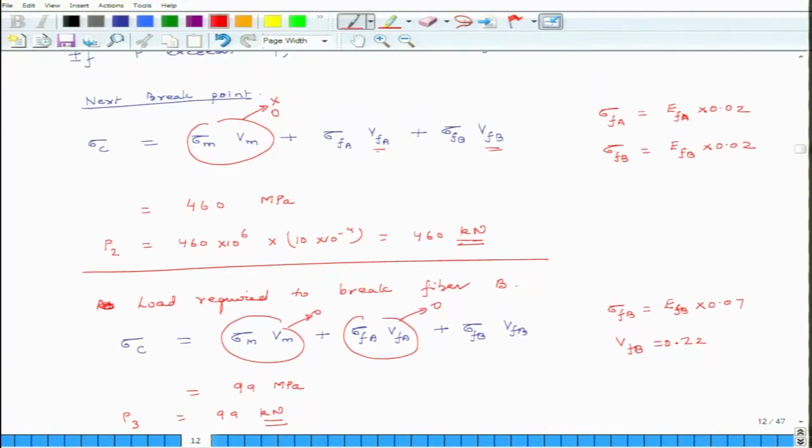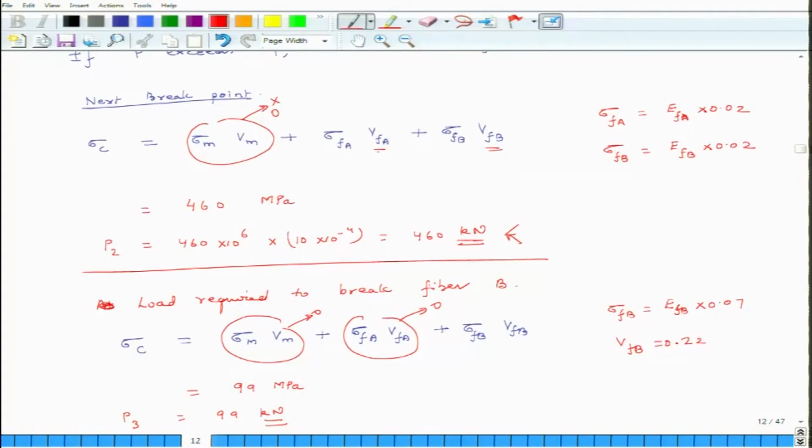I am sorry, once fiber A breaks at breaking point, it is having 460 kilonewtons, right? All that load gets transferred to fiber B. Fiber B can only take 99 kilonewtons at 7% strain, right.